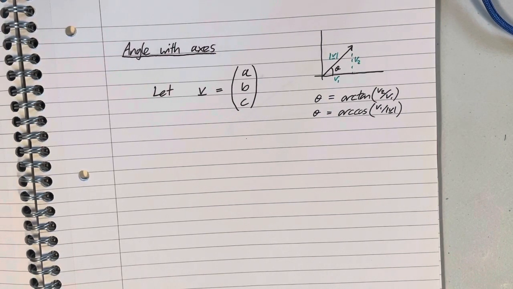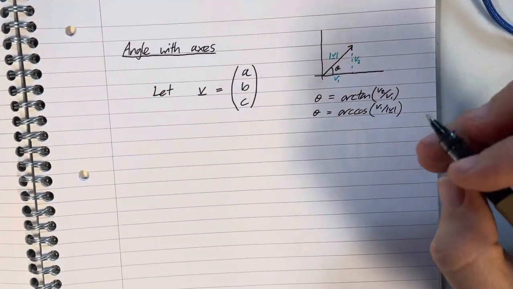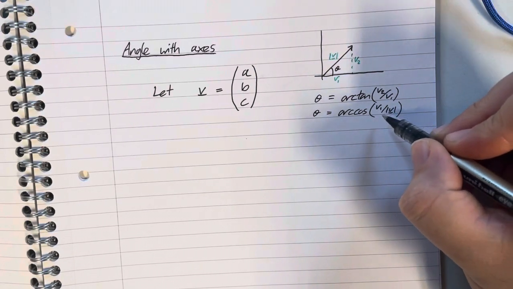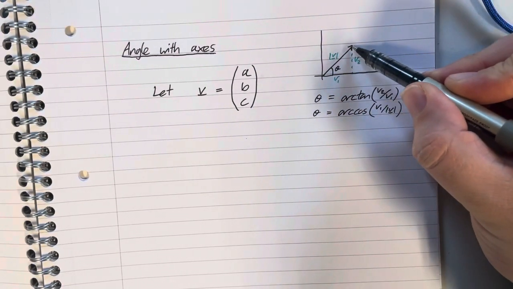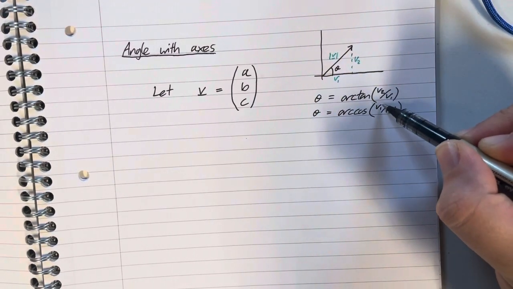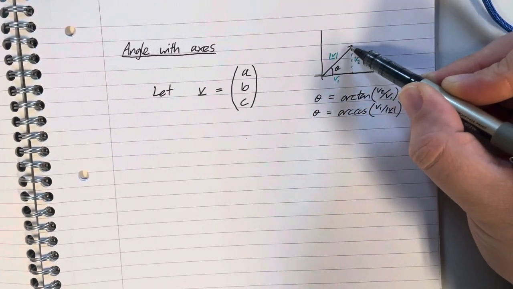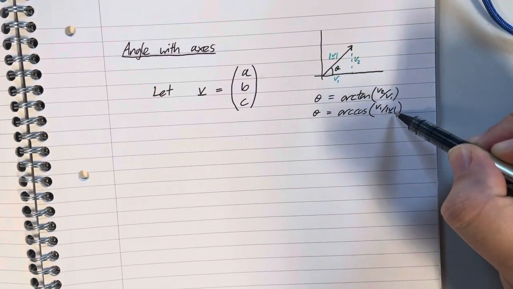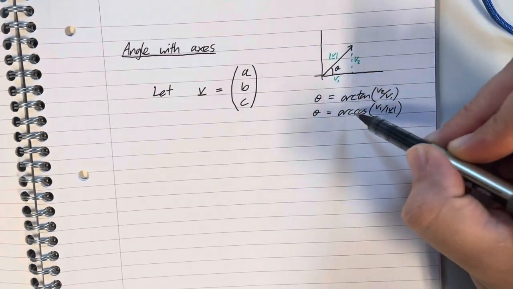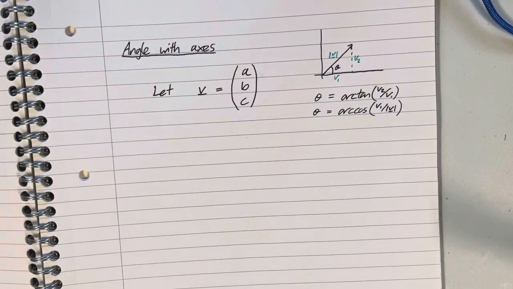But it's much easier to just consider it as a rule. So here, to calculate the angle between our vector v and the x-axis, we took the x component, which was v1, and divided it by the modulus of the vector v, and that gave us the cosine of the angle. If you inverse cos it, you'll get the angle itself.